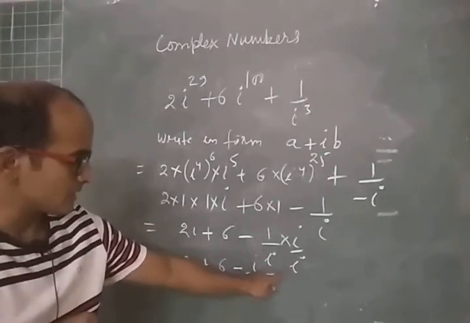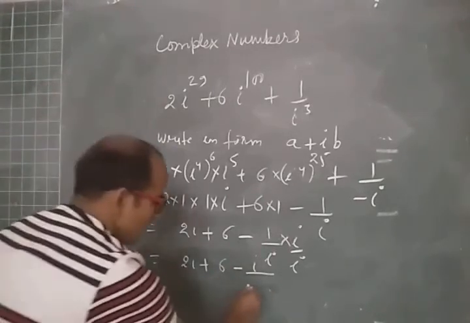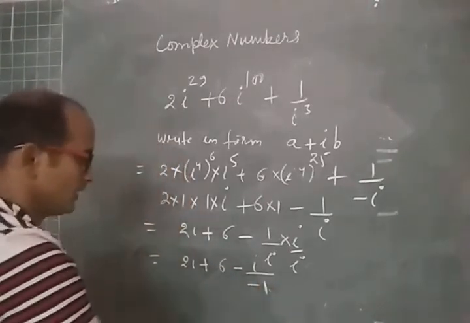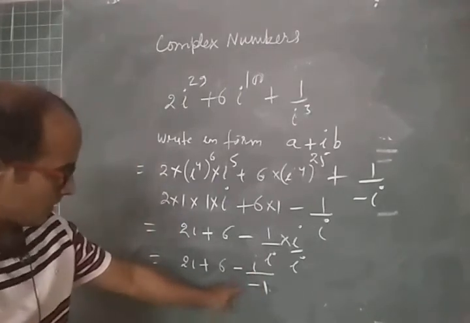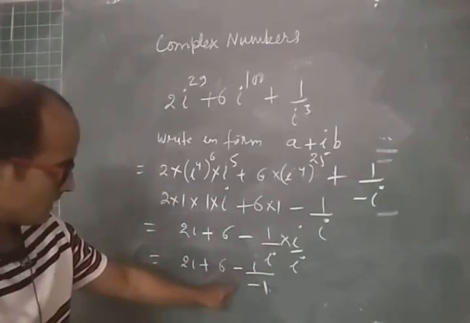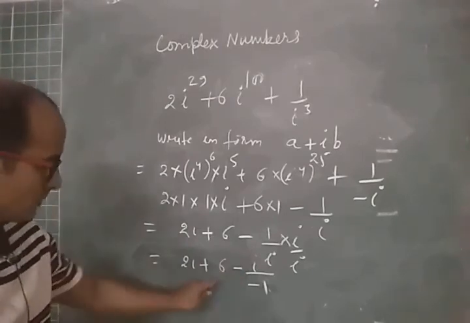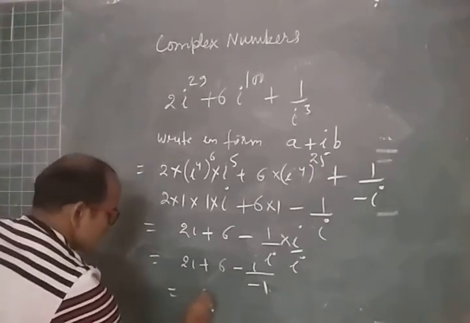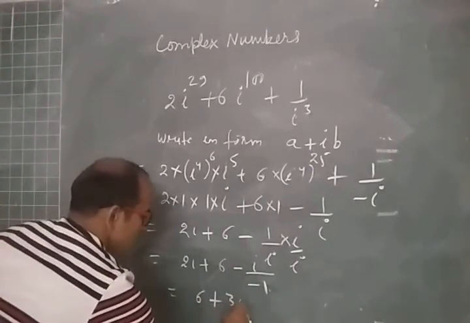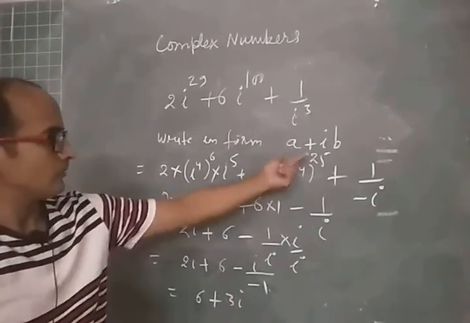Iota into iota means iota square, and iota square means minus 1. So minus 1 will come here, it will become plus. So 2 iota plus 6 plus iota. 2 iota plus iota means 3 iota. The remaining thing is 6 plus 3 iota. This is the required form.